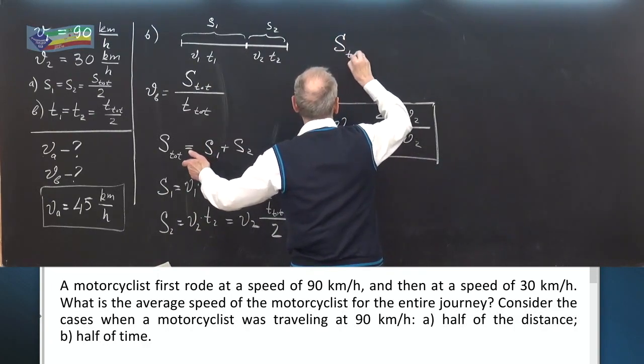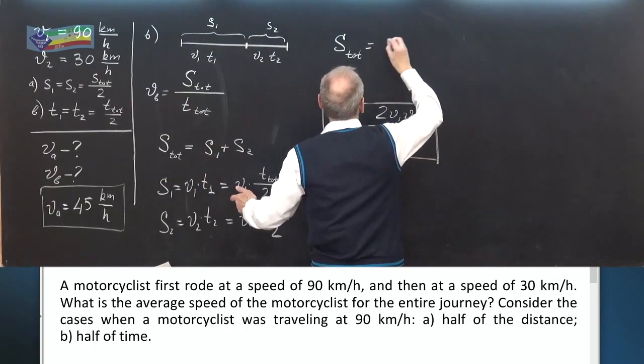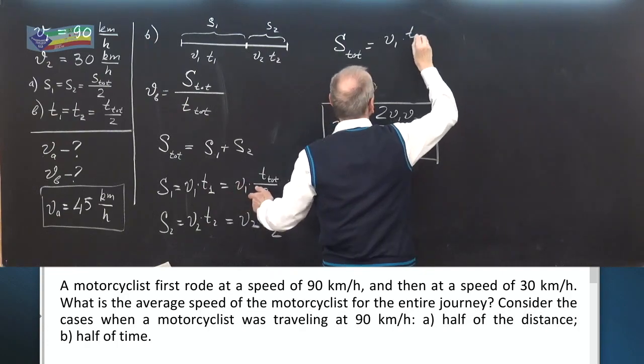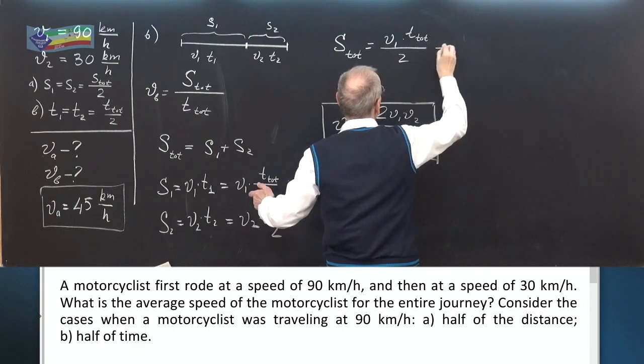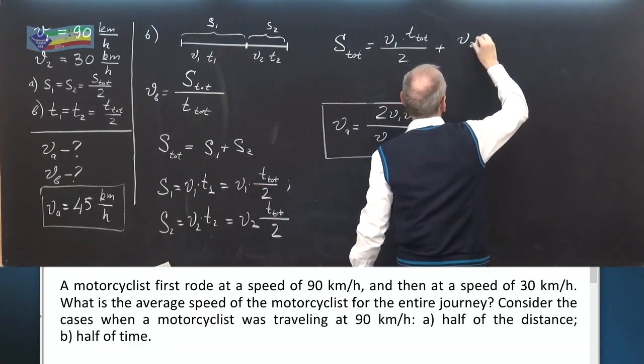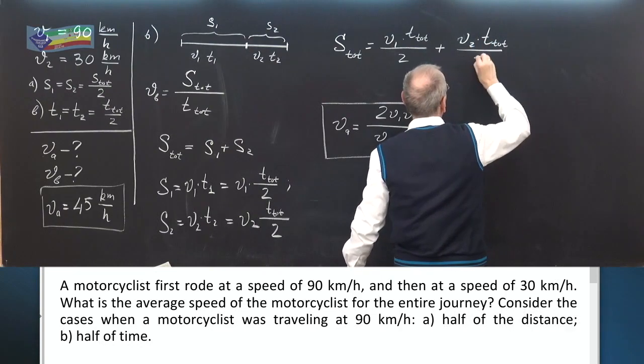S total equals V1 T total over 2 plus V2 T total divided by 2.